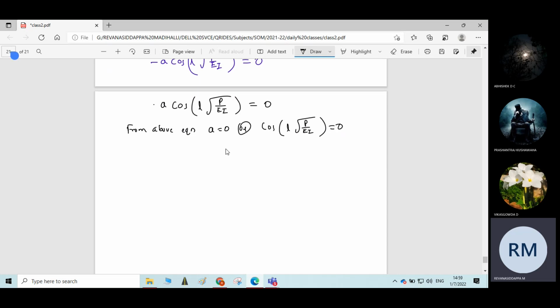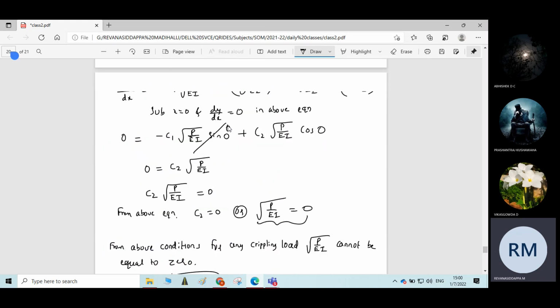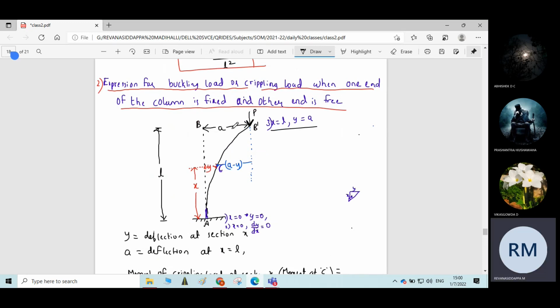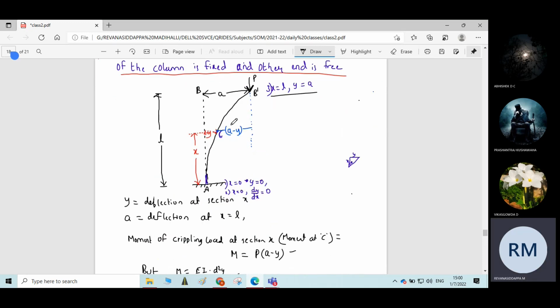Which condition holds good? Again, think practically. See, A cannot be equal to 0 because the column has some deflection at length L, which is A.